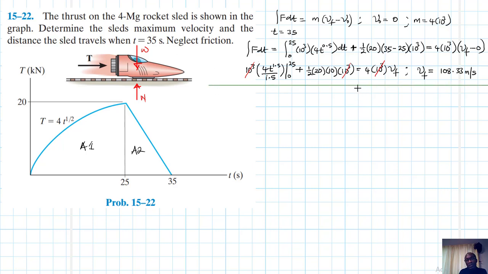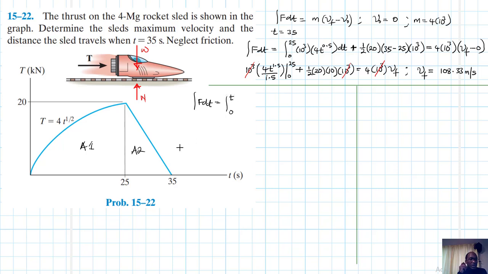There we go. Let me just create a bit of space. Okay, so let's start. So what do we have here? We are integrating, using the same concept. The integral of F dt is just equal to the integral from 0 to t.